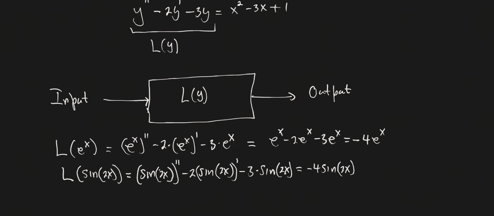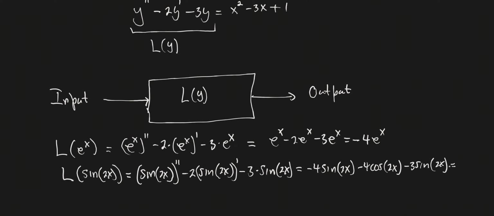If you differentiate it once, you'll get 2 cosine of 2x. Differentiate it a second time, you'll get negative 4 sine of 2x. When I differentiate it once and then multiply by negative 2, I will have a negative 4 cosine of 2x. And then here, I will just have my minus 3 sine of 2x.